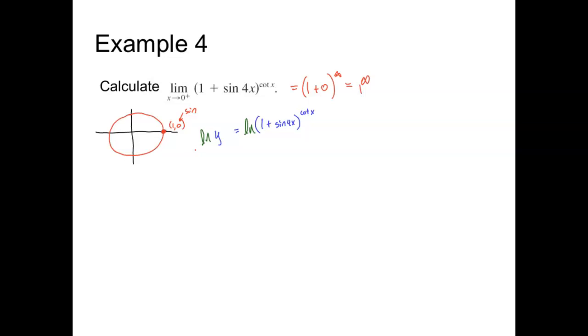Now we're allowed to bring the cotangent, that power, around as a coefficient. So what we have is natural log y equals cotangent x times natural log of 1 plus sine 4x.